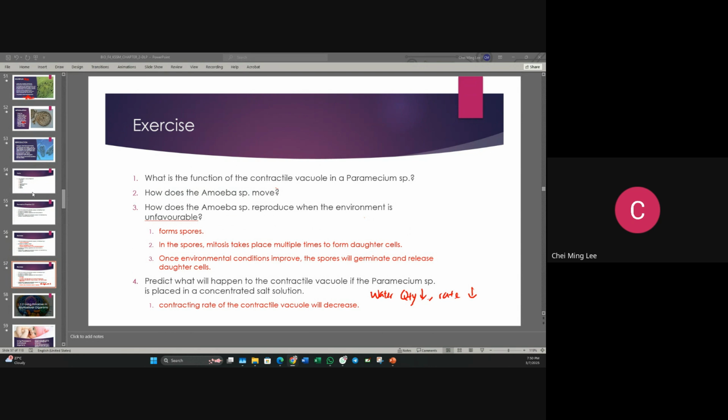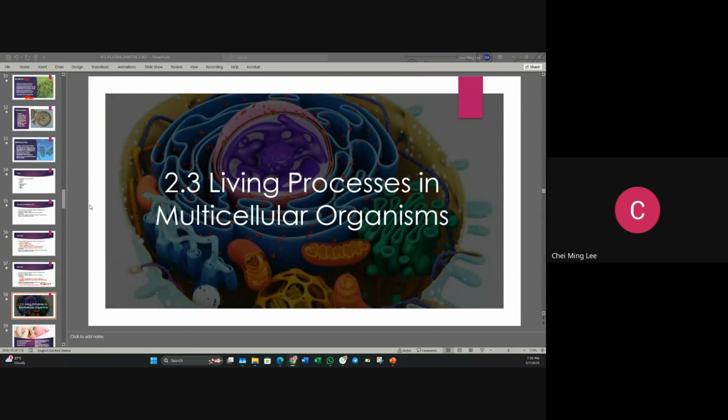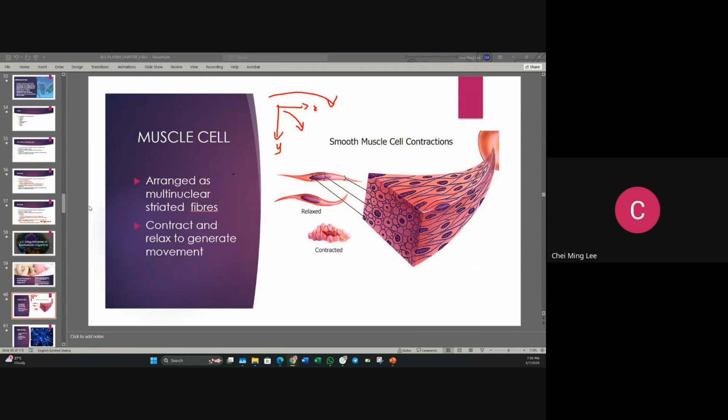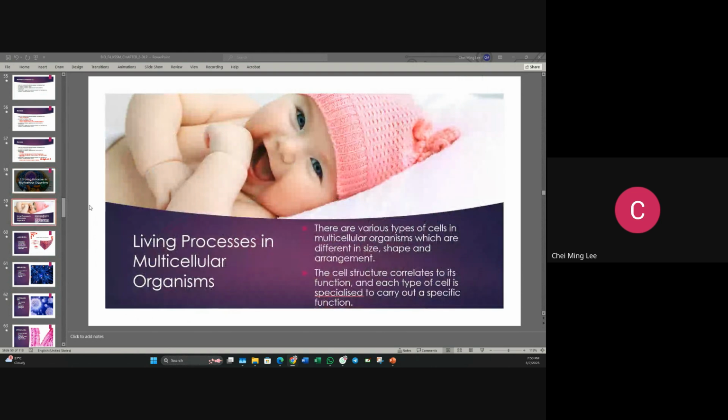All right, so let's see the living processes. We have muscle cell, this. Okay, so we go through this one first. The living processes are in multicellular organisms. There are various types of cells in a multicellular organism, which have different sizes, different shapes, and different arrangements.